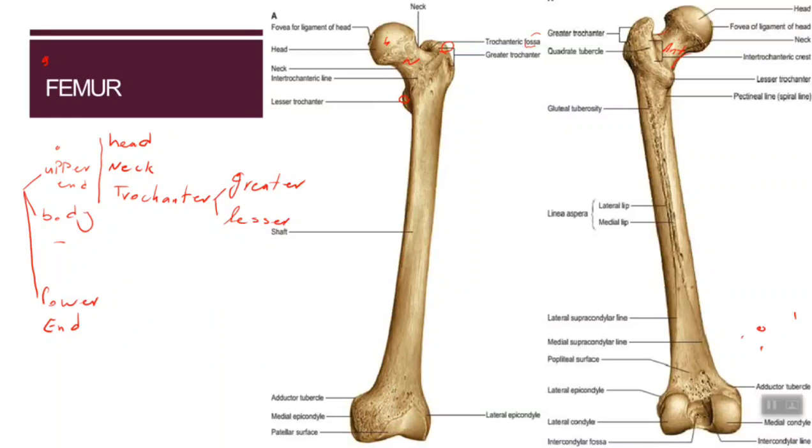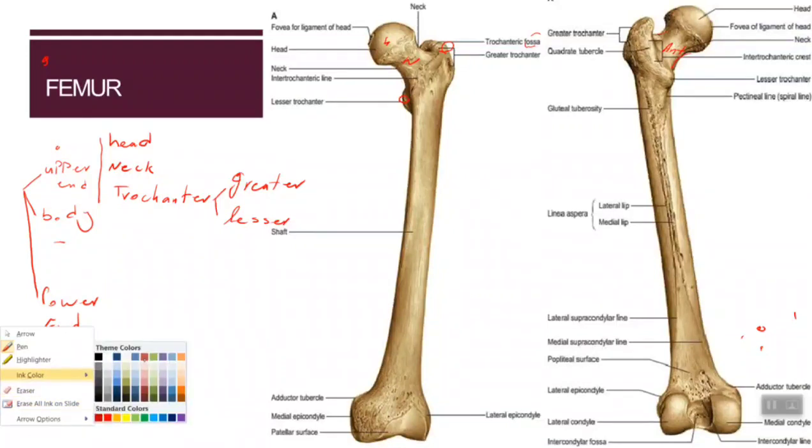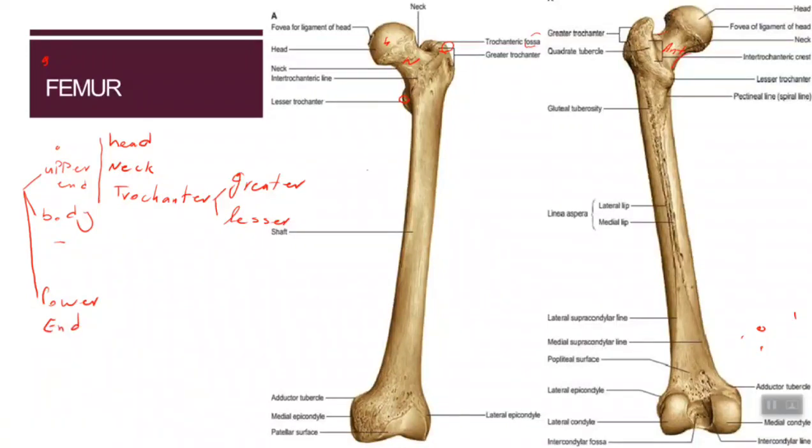At the junction of the neck with the upper end of the body, in the anterior view, you can see one line, and its name is the intertrochanteric line.